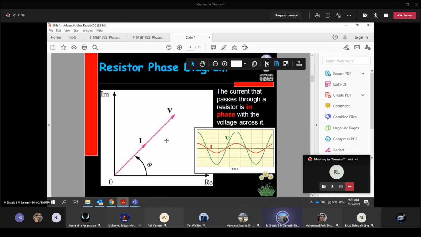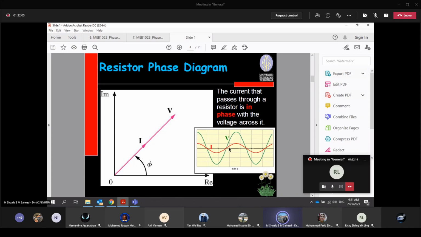For voltage and current that are going through resistors, they are in phase. They are always in phase. Okay, the magnitude will be different. The voltage is a bit higher than the current, but the phase angle difference is 0.